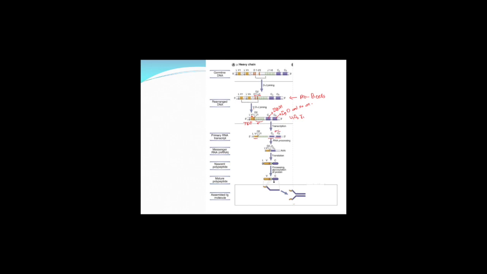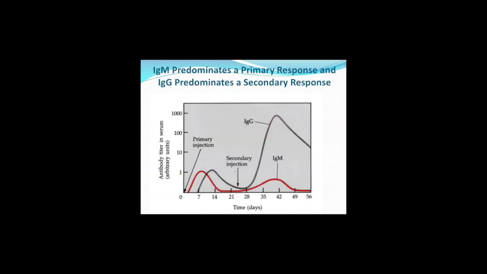And then this rough transcript undergoes post-transcriptional modification, where all of these downstream constant region genes are cleaved out, leaving you with a functional messenger RNA consisting of VDJ tagged onto the IgM constant region. And this is your poly A tail. So this is why IgM is always your first antibody made in a primary response.